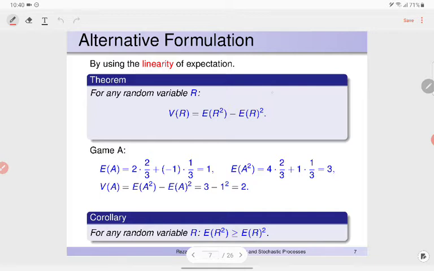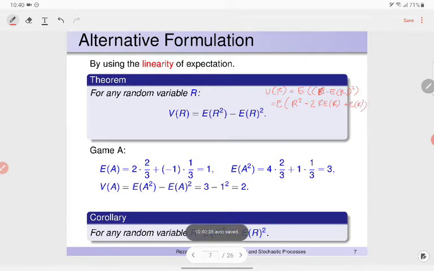The definition basically says that this is equal to the expectation of (R minus the expectation of R) squared. So if you take the square, this will be the expectation of R squared minus 2R multiplied by E[R] plus E[R] squared.